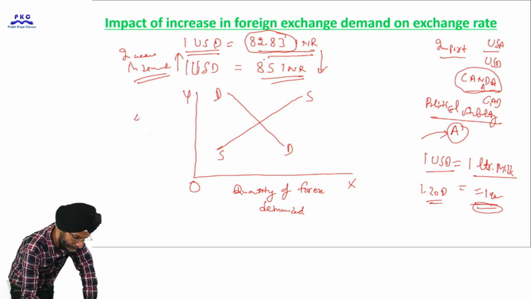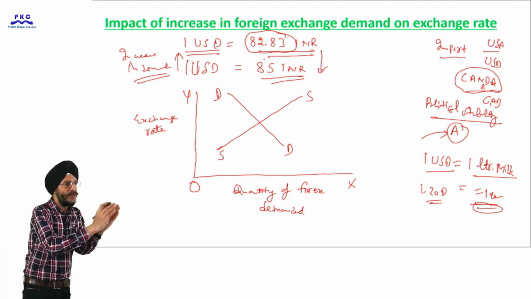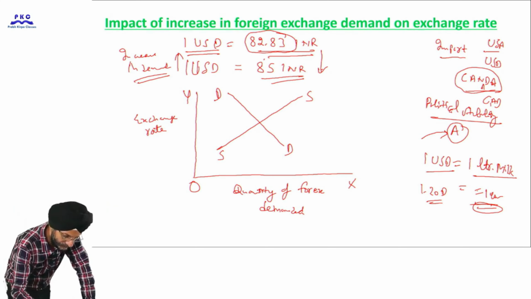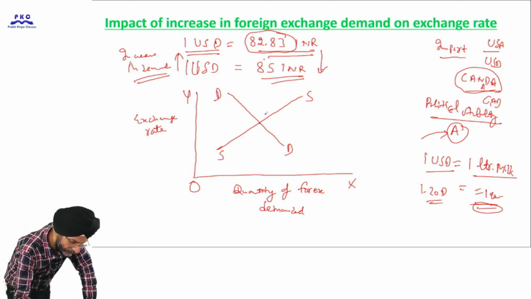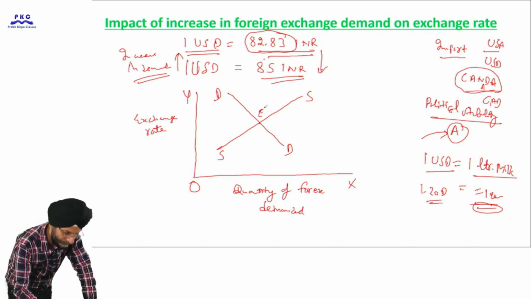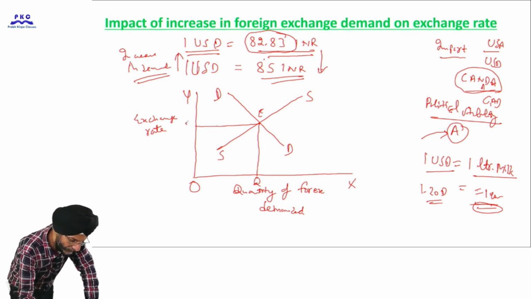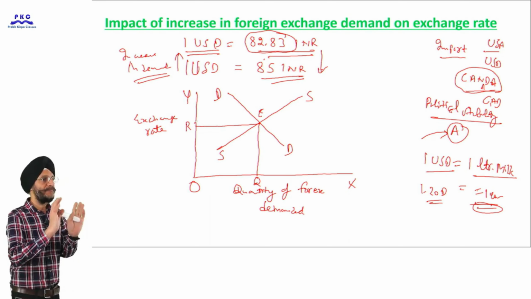Here on the y-axis, it is the exchange rate or the price of foreign currency in relation to domestic currency. So here is the point E, the equilibrium point, where demand and supply curves cut each other. So this is the quantity demanded Q when the exchange rate is R.